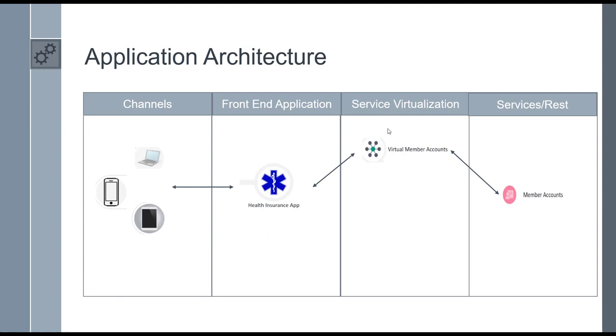acts as a middle layer between the member accounts and the health insurance app. So basically, the member account is the API, which is supposedly directly communicating with the health insurance app, and the service virtualization as the middle layer will be recording and learning the behavior of the member accounts.